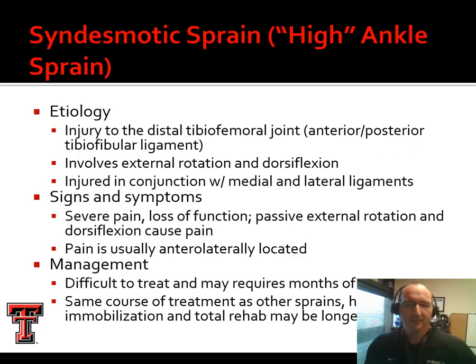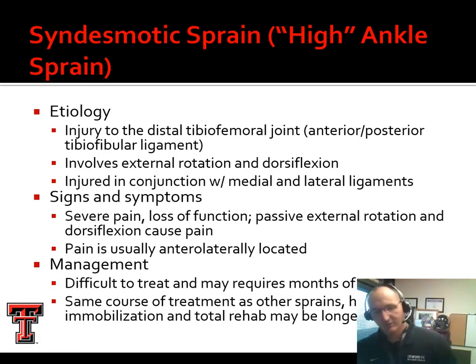Now, I've already talked a little bit about the syndesmotic or high ankle sprain, but this is an injury to that distal tibiofibular joint, that anterior as well as the posterior tibiofibular ligament that kind of tethers them together. There's usually external rotation and dorsiflexion. Usually this will occur, they're planted, and there's some sort of rotational component to this.